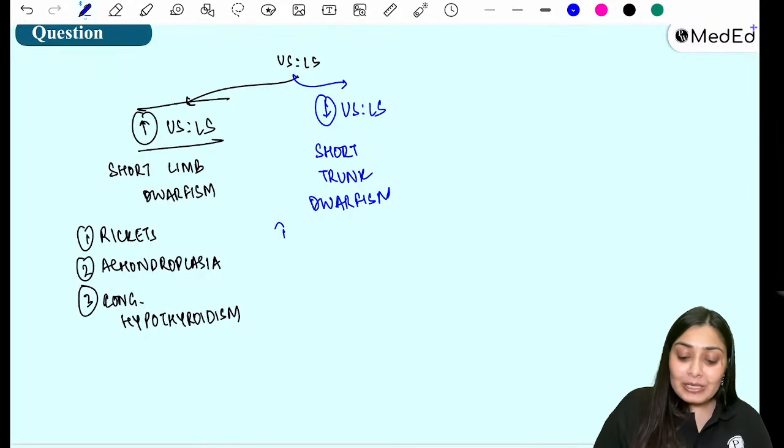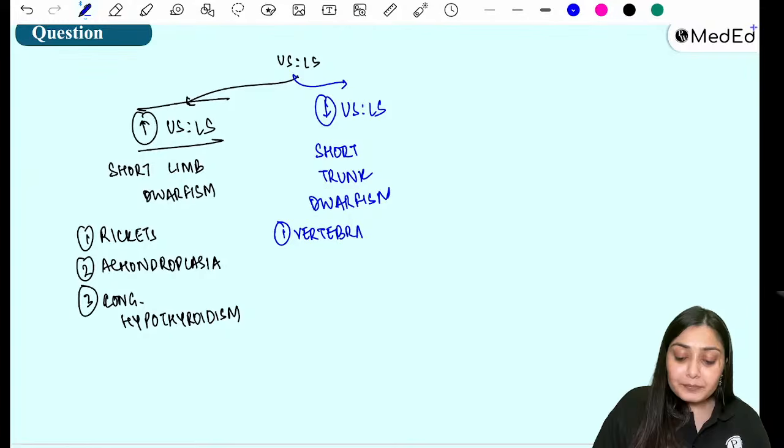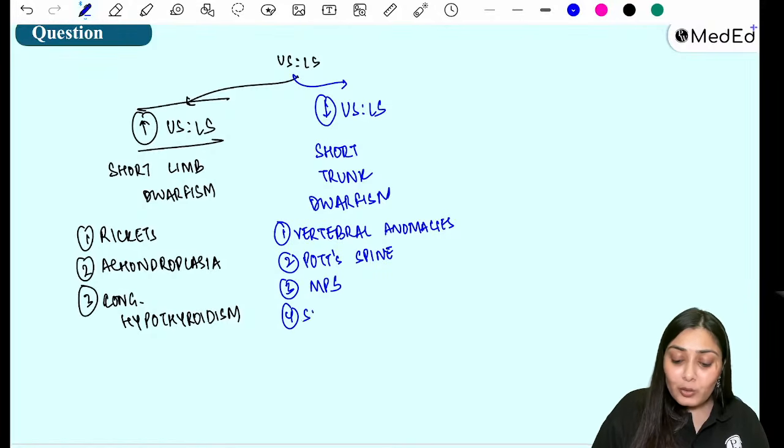So let's list down these causes. Firstly, vertebra, right? So any vertebral anomaly can lead to this. TB spine, that is Pott's spine. Storage disorders like mucopolysaccharidosis and spondyloepiphyseal dysplasia.